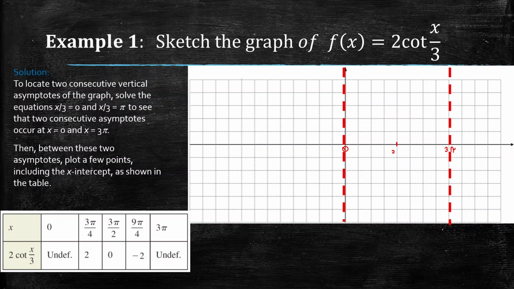So this is 3 pi over 2. That's my reflection point. Now I could plot a couple of other points in here if I wanted to do that. All right, so this would be halfway again in between those two. 9 pi over 4 right here. And halfway between these two is 3 pi over 4.